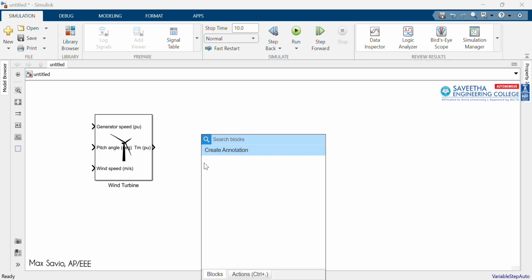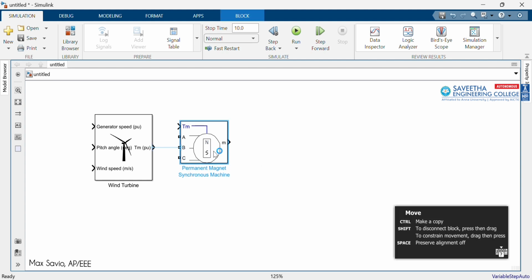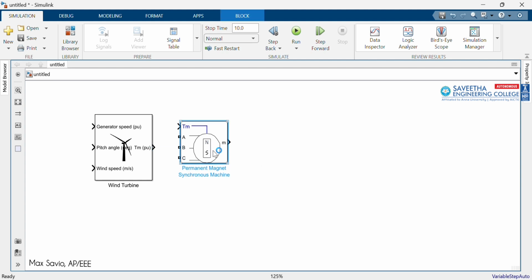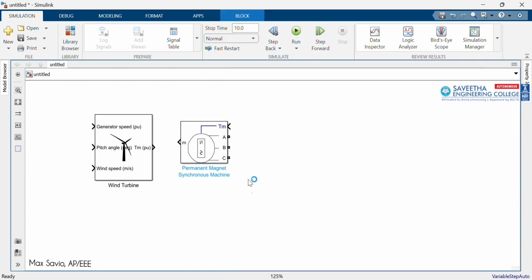I need a permanent magnet synchronous generator. Yes, here. So this is the permanent magnet synchronous generator. It is a machine, and we are going to change it to a generator. As of now, I require it as a generator. I'm flipping the block so that I get the output on the right side. So this is the 1.6 kilowatt PMSG, permanent magnet synchronous generator.